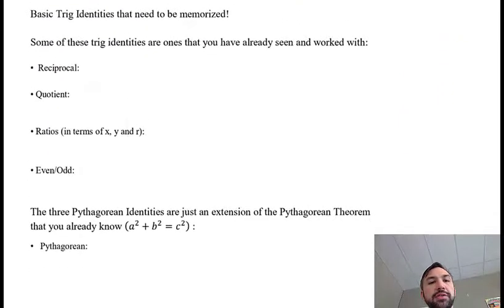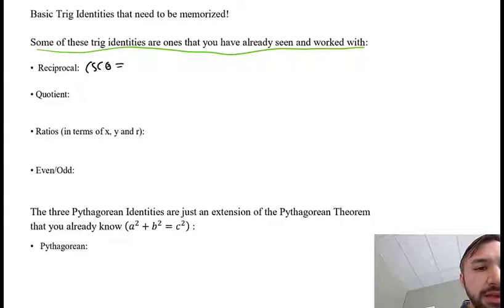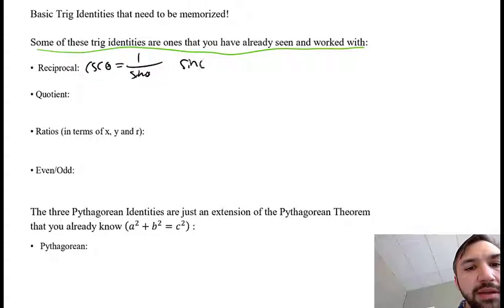Alright, the other part of this unit is there's some basic identities that you need to memorize so that you can use them. You have to recognize them before you can apply them. And there's a few of them that we've already seen and we've already worked with at least a little bit. So reciprocal functions are certainly ones that we have used some. That's like knowing cosecant is the reciprocal of sine, and I could write it the other way as well.